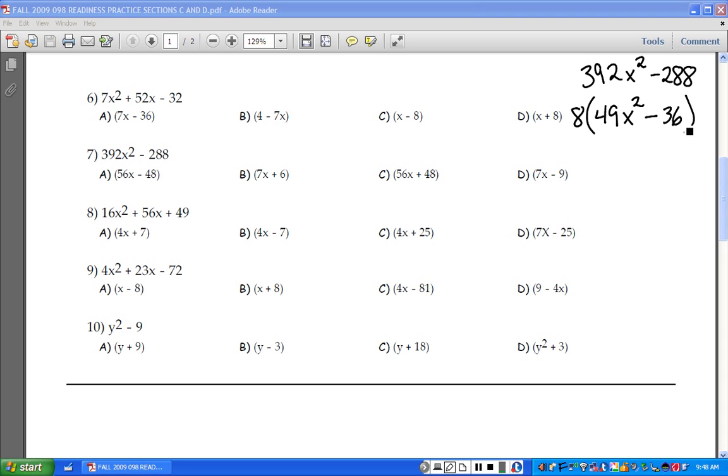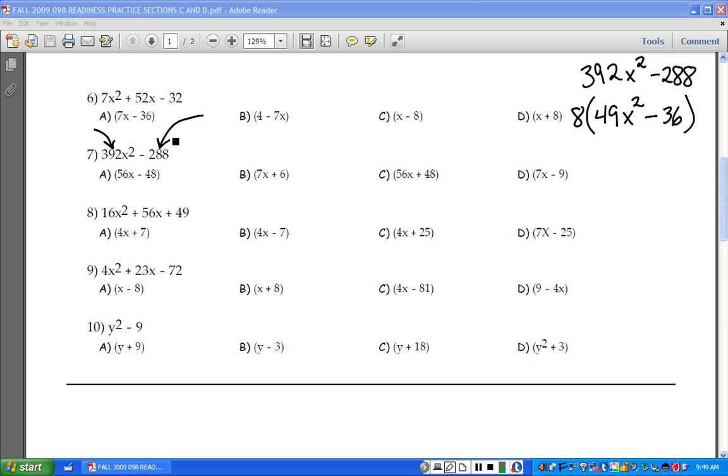Now there's a couple things about this problem that give me some indications about how I want to work it based on just how the problem is initially set up. What I notice when I'm looking at number 7 is that I'm dealing with a binomial, because this initial problem, unlike the others we've done, is only 2 terms.